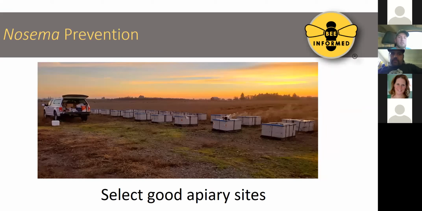Okay, so next thing is choose good apiary sites. So you want to choose good sites with good forage, which goes back to good nutrition, which in turn goes back to good brood production. So sites with good forage, proper ventilation, good water drainage, and good site accessibility. Nosema is closely related to fungi, so they like those moist, humid conditions.